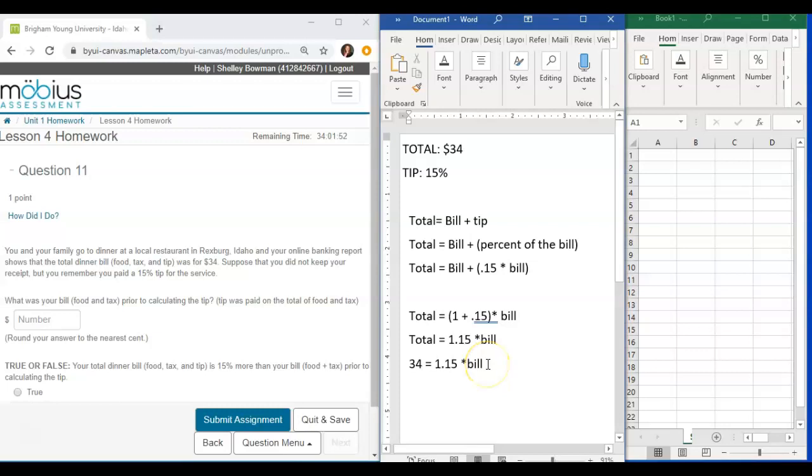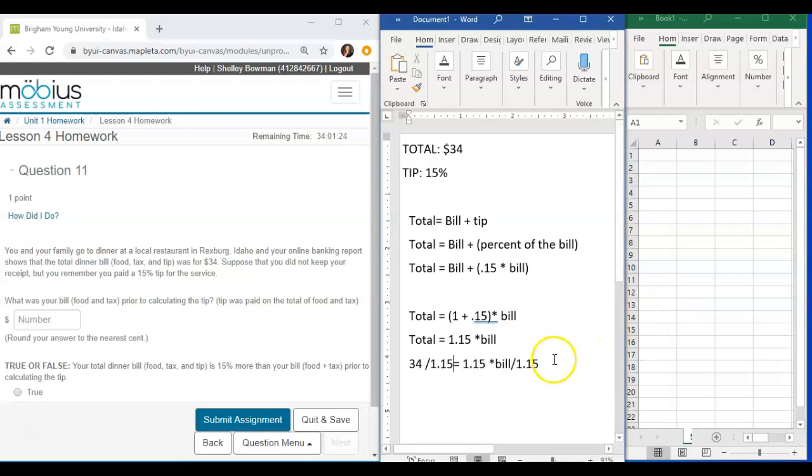To solve an equation, we do the opposite operation to both sides, and we work in the order of operations backwards. In this case, the only operation here is a product. So we're going to divide both sides by 1.15, and I can't just do it to one side, I must do it to both.